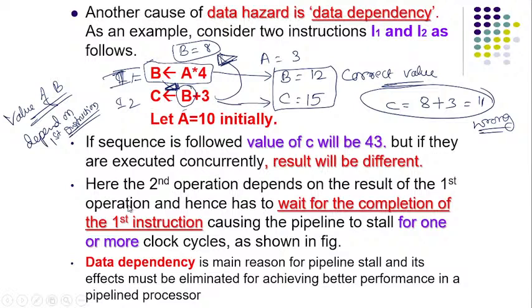So data dependency is the main reason for pipeline stall, and its effects must be eliminated to achieve better performance. Okay, we have some solutions for how we can avoid this dependency. Because of dependency, the performance will be degraded.